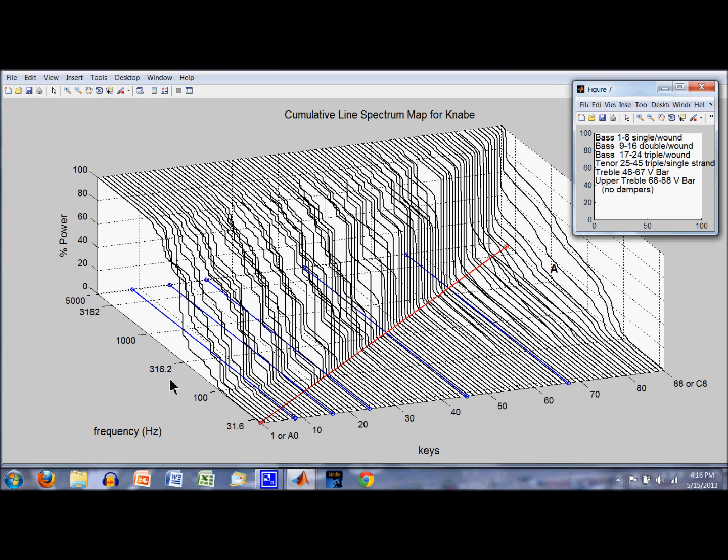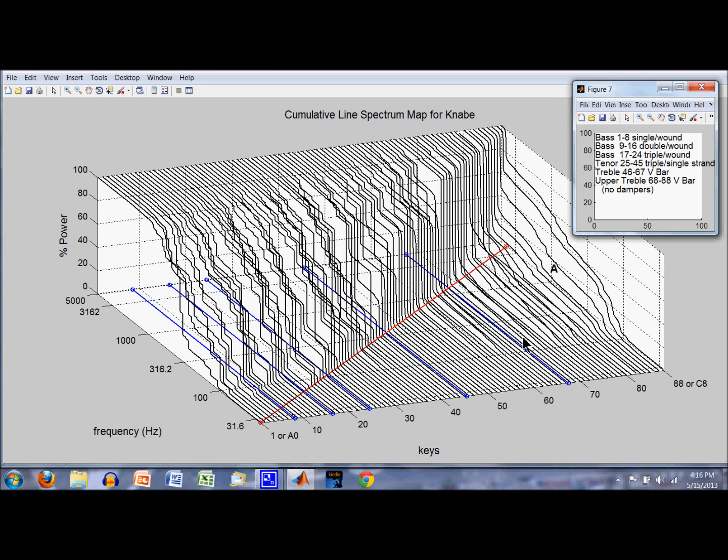So when I plot this scale on logarithmic units, I can plot the fundamental frequency in red here as a straight line. So we start out here at 27.5 for A0 and go all the way up to 4186 for the C8.